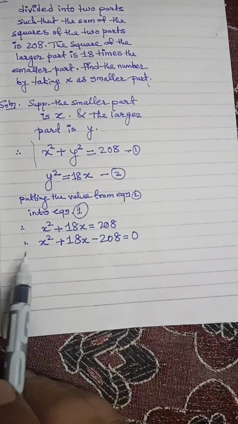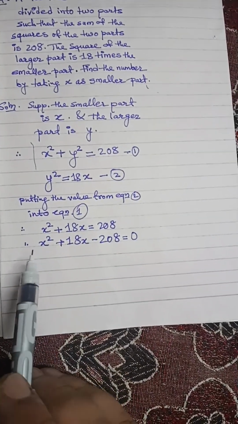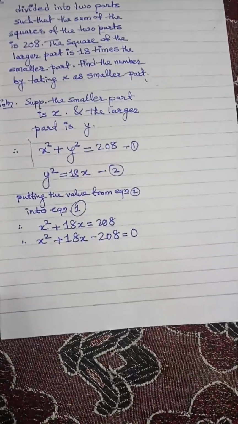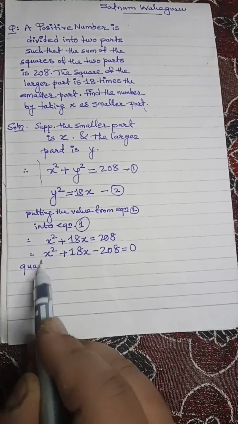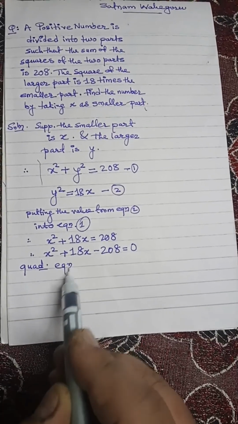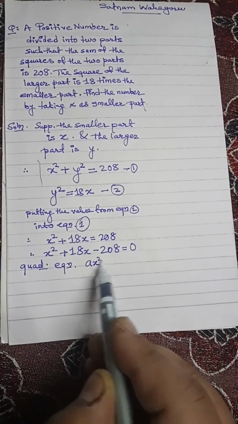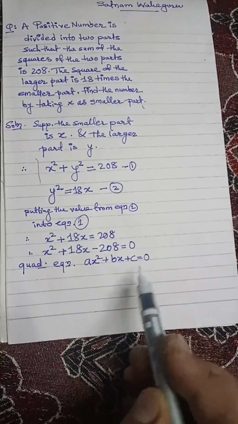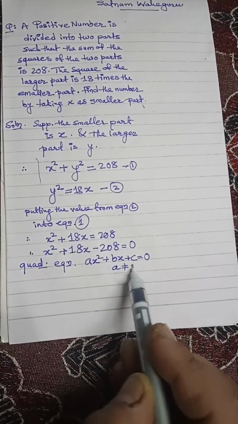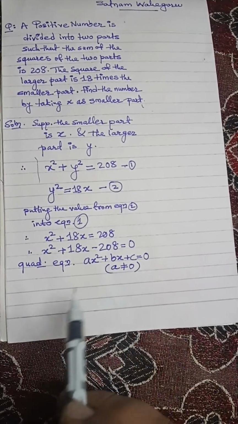Now this is the standard form of a quadratic equation. What is a quadratic equation? The standard form is ax square plus bx plus c is equal to 0, where a is not equal to 0 is a condition.